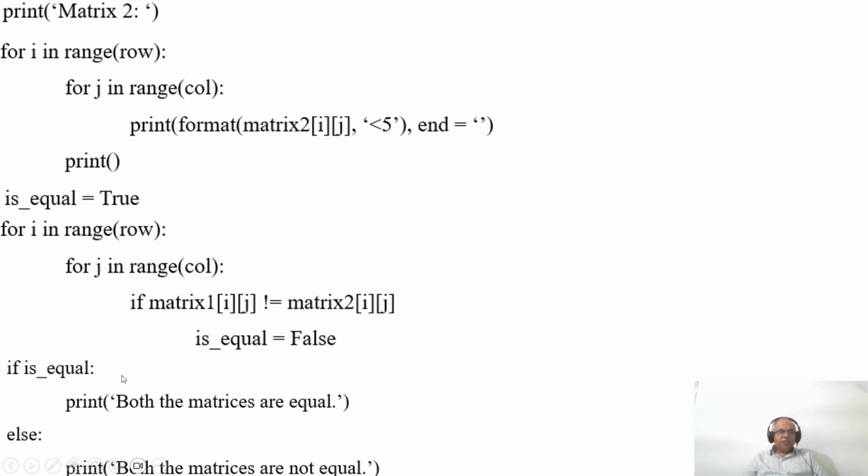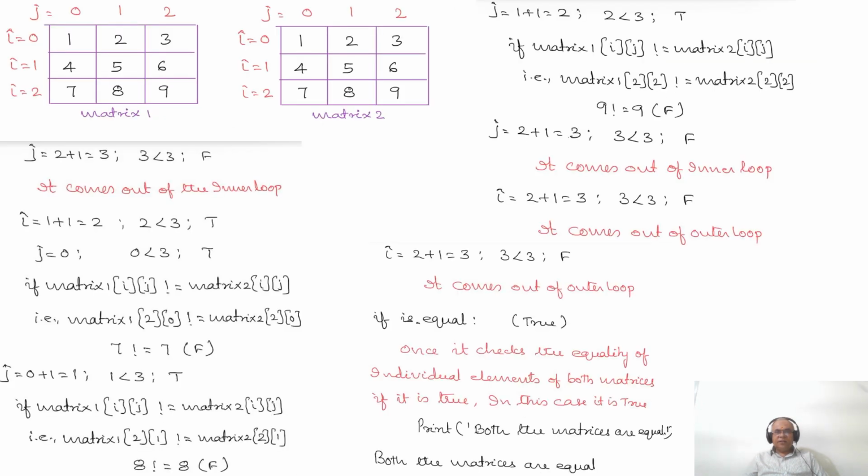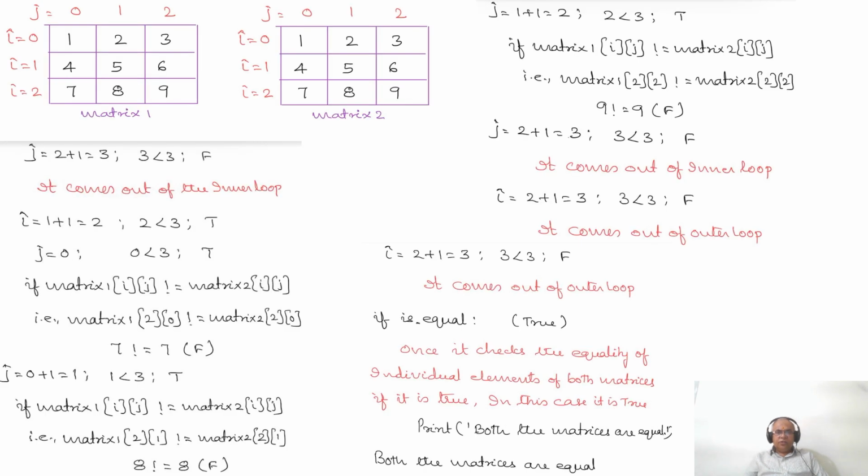Here everything is false for the not-equal condition, so obviously is_equal should remain true. So both the matrices are equal. The output you are going to get here is that both the matrices are identical. That is the reason why is_equal is true.